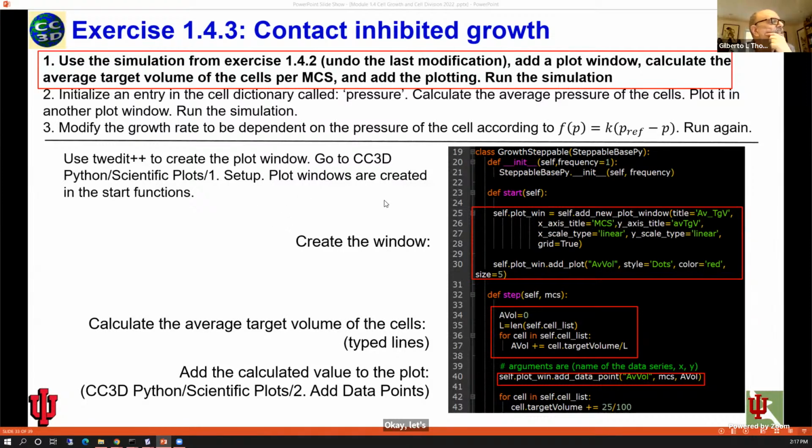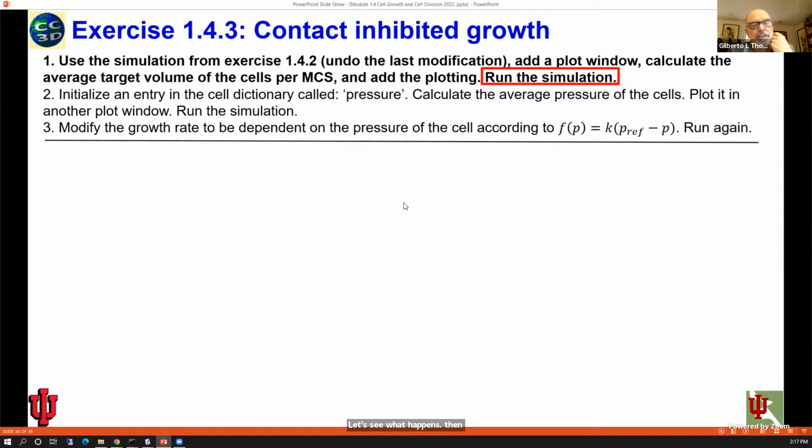Let's see what happens then. Now we run the simulation. You are ready to run it. Let's wait a little bit.